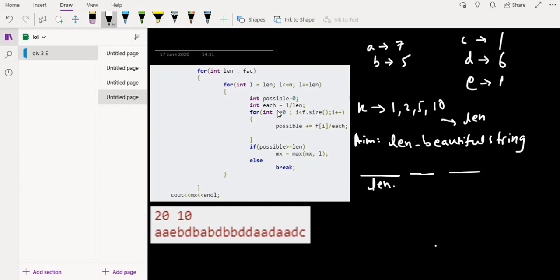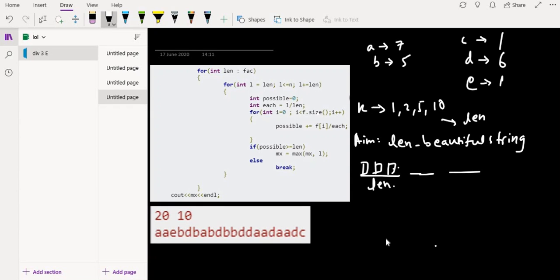This each variable is the number of such len segments that I'm trying to place side by side to form a len beautiful string. So each of the positions of this sub repeating unit has to have at least a frequency of each.